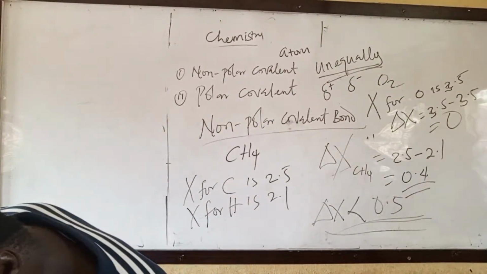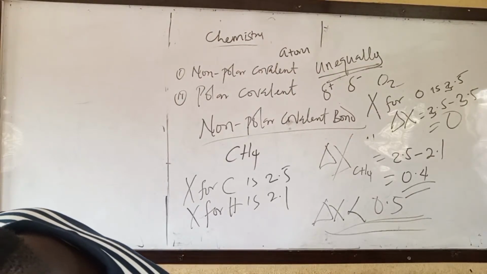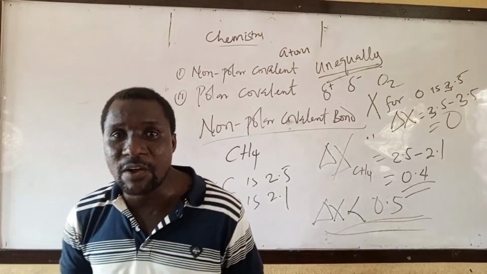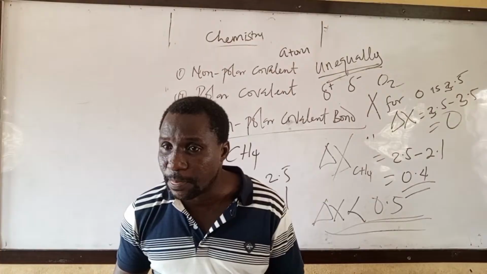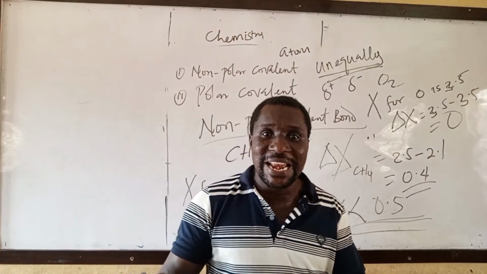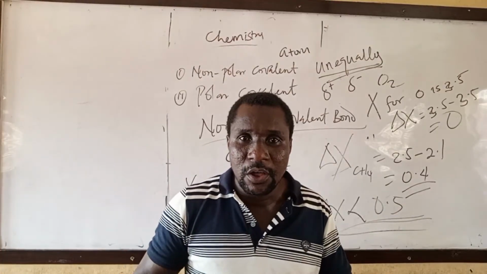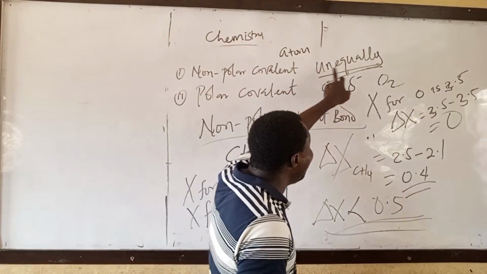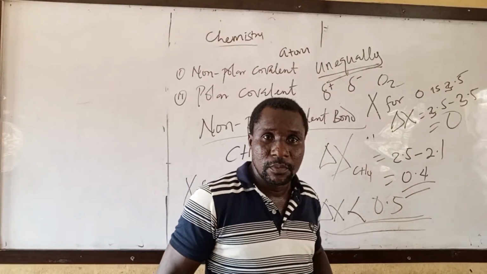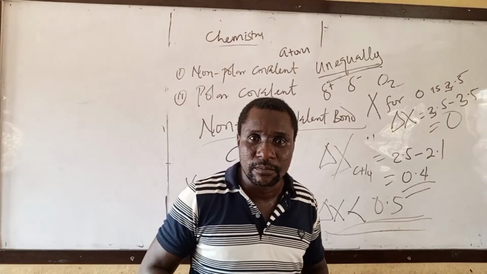Someone sent a message. Let me read: Sir, can you repeat the meaning of polar covalent? I said polar covalent occurs when electrons are shared unequally, therefore creating partial charges.